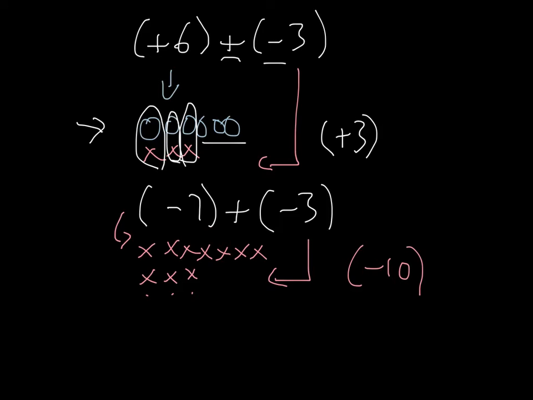So now that you have practiced expressing some of these numbers with tiles and you've seen some of the adding, what we're going to do now is you're going to try a few with the people next to you. Unless you're watching this at home, then you can try a few yourself. But either way, try doing these. Make sure you have a picture to represent it, and make sure that it's easy to follow.